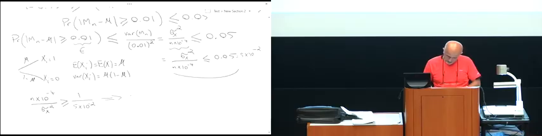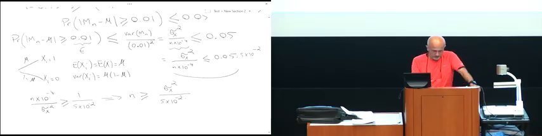And then I have n is greater than or equal to sigma x squared over 5 times 10 to the minus 2. Help me out here, people. What should I write? Times 10 to the 4. Okay?